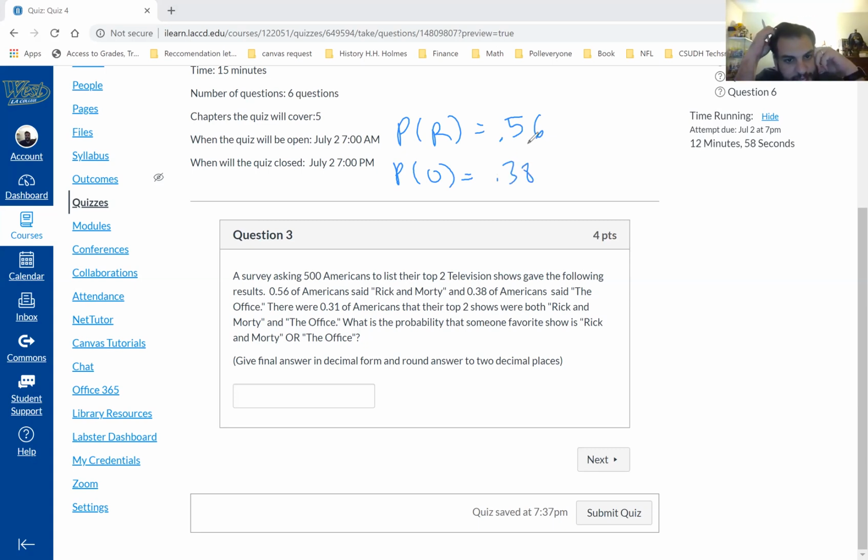And lastly, 0.31 of Americans said their top 2 shows were both Rick and Morty and The Office. So that's probably R and O is equal to 0.31. Any questions so far for the labeling?